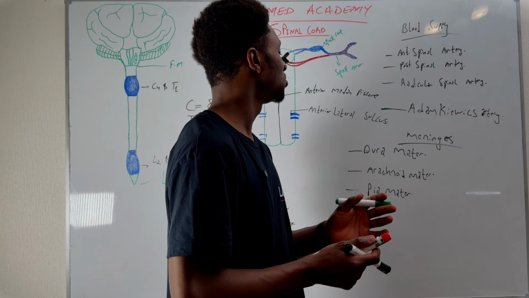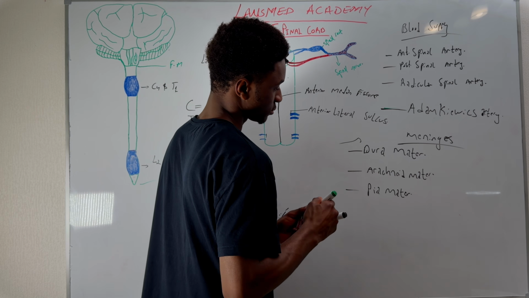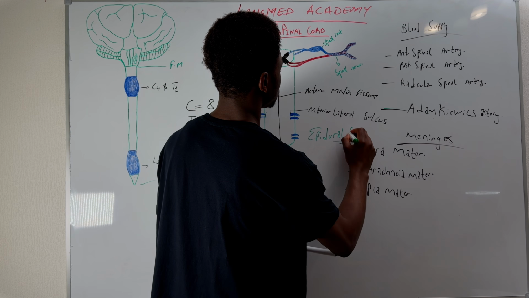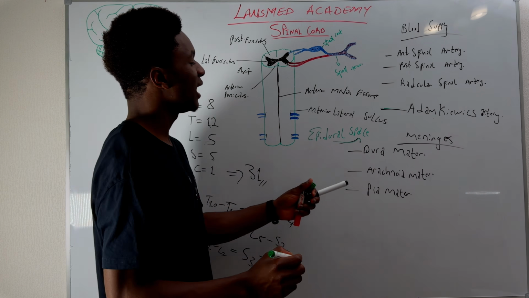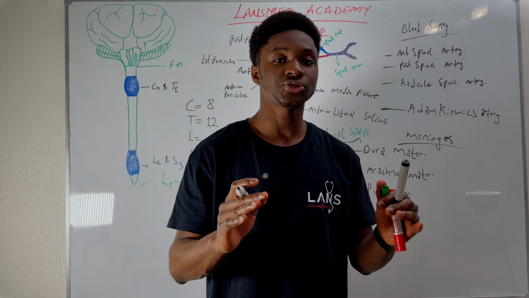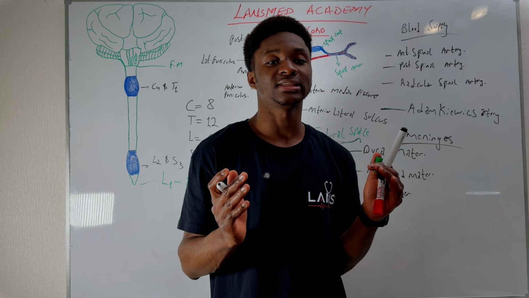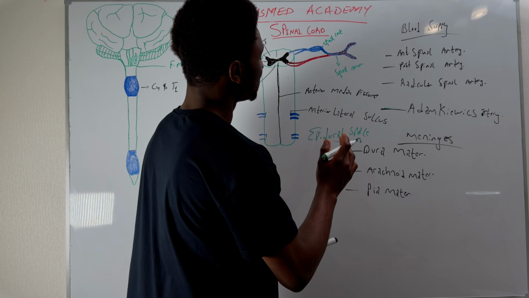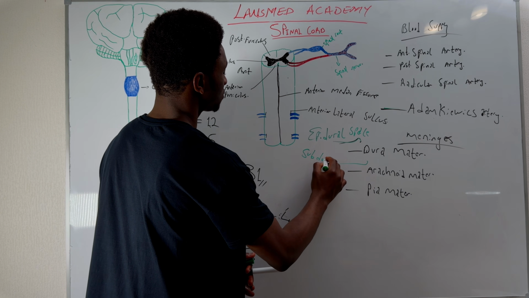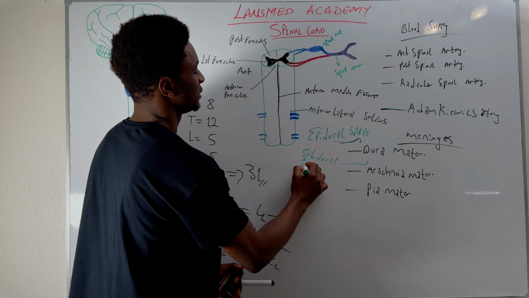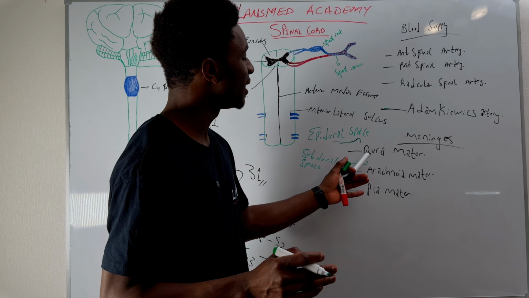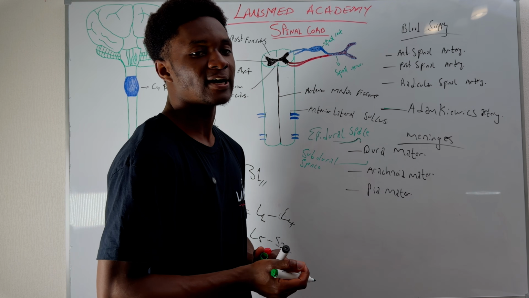There are spaces which the meninges actually create. The first space is known as the epidural space. It is in this epidural space that we'll have the vessels and also fatty tissues. The next space is the subdural space, which is the space in between the dura mater and the arachnoid mater.